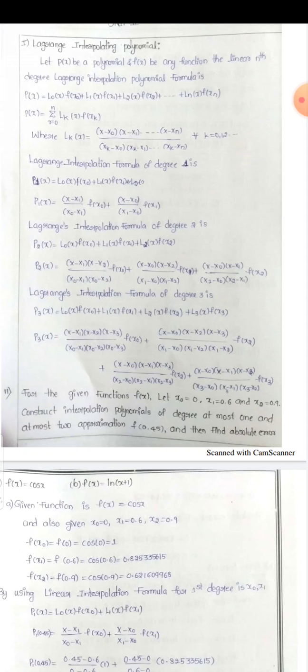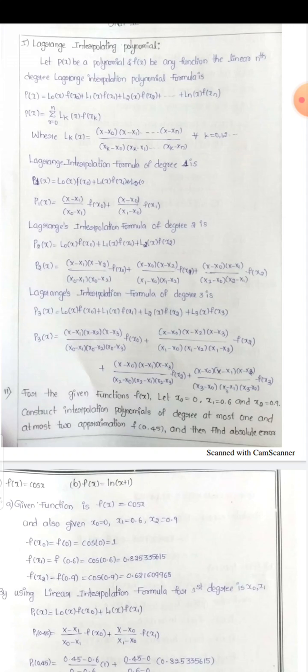Lagrange's interpolation formula of degree 3 is P3 of x is equal to L0 of x f of x0 plus L1 of x f of x1 plus L2 of x f of x2 plus L3 of x f of x3.